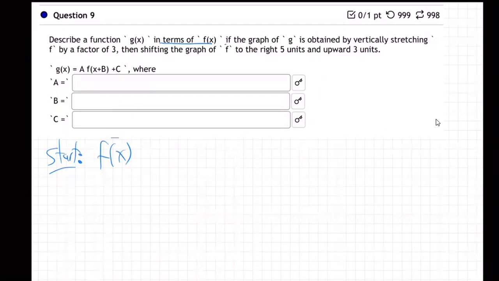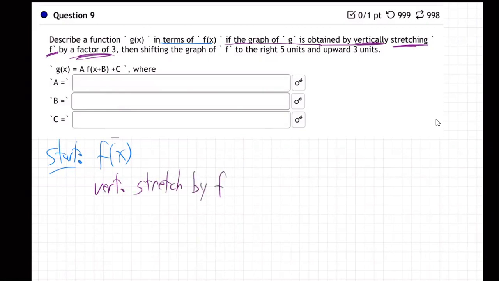So first, if the graph of g is obtained by vertically stretching f by a factor of 3. Vertically stretched by a factor of 3.